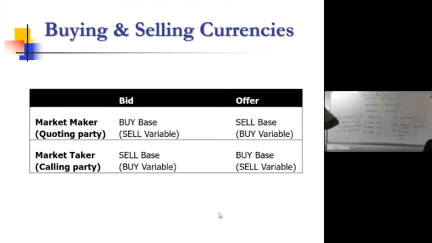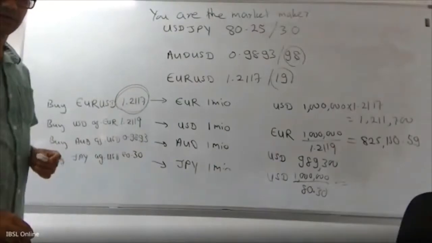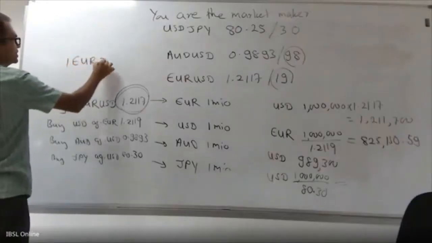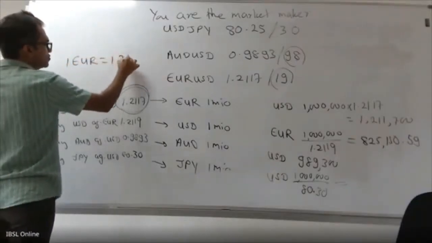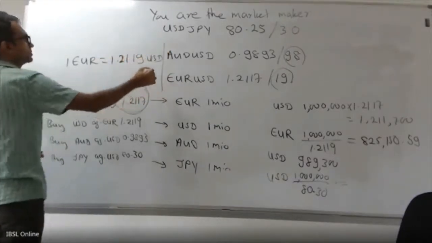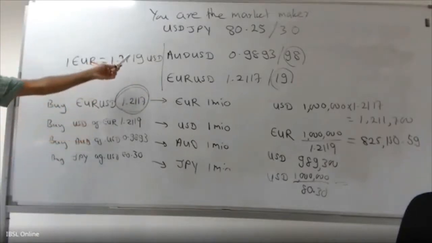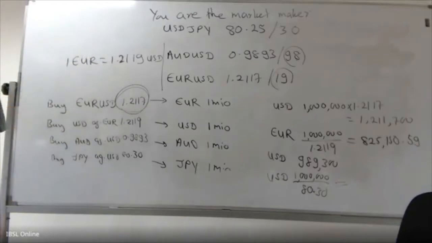No, it's still the same rate. You buy or sell, €1 equals $1.2119. So if it is the case, to get $1 million, how much euro do you need?